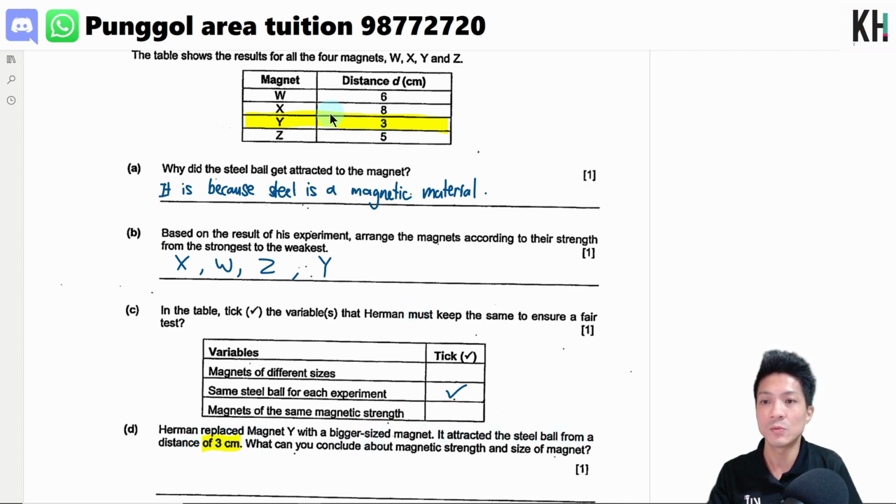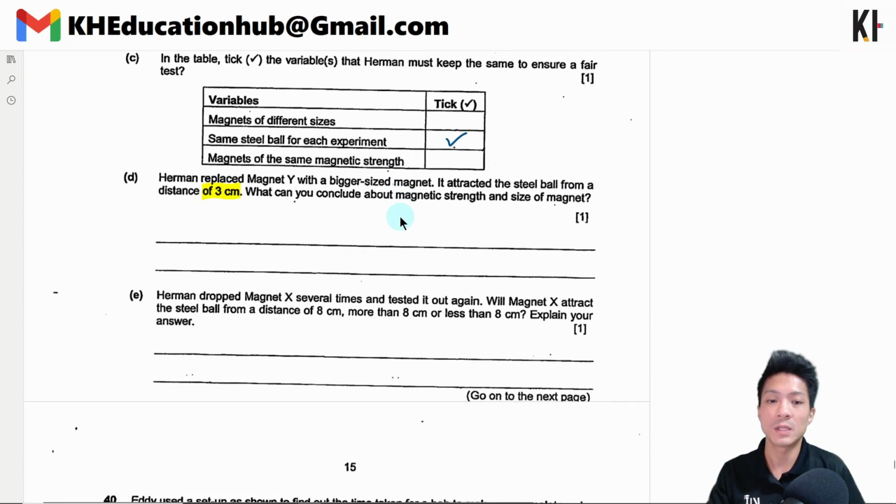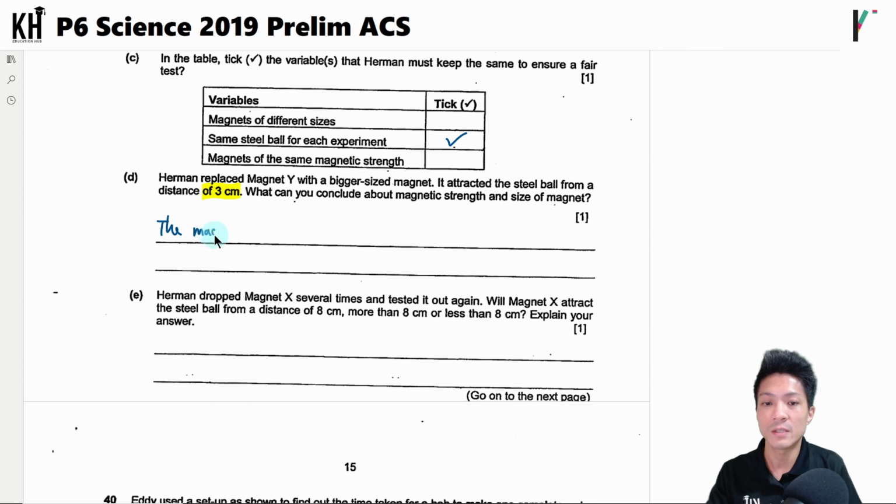It's the same, so no changes. So what can you conclude about the magnetic strength and size of magnet? The magnetic strength and size of the magnet are basically not related.